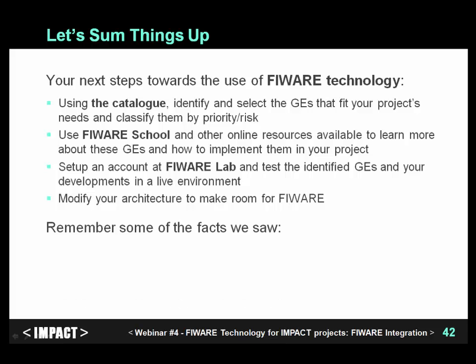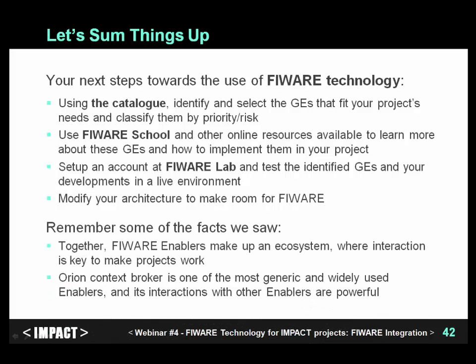Finally, you should modify your architecture to make room for FIWARE. Always, of course, remember the special facts we saw. FIWARE enablers make up an ecosystem. This is what we've seen today, and interaction is really key to make projects work and to make projects get value from FIWARE.